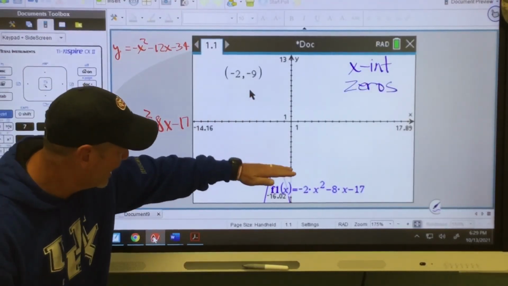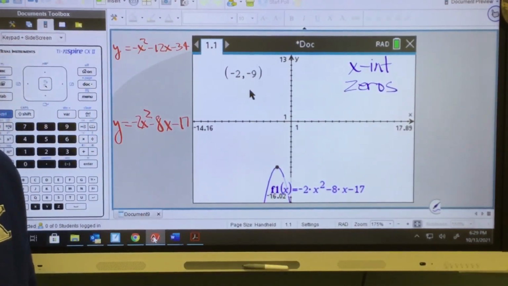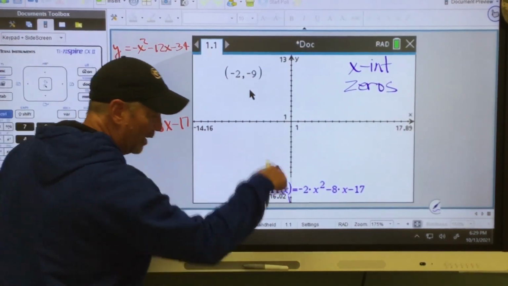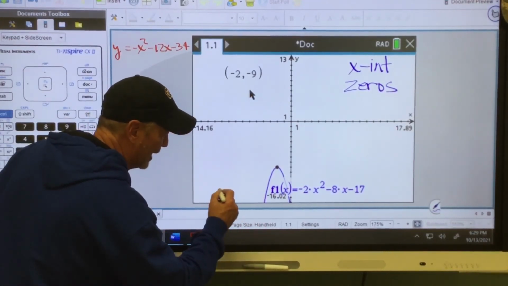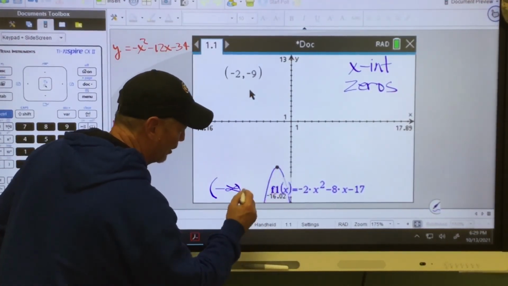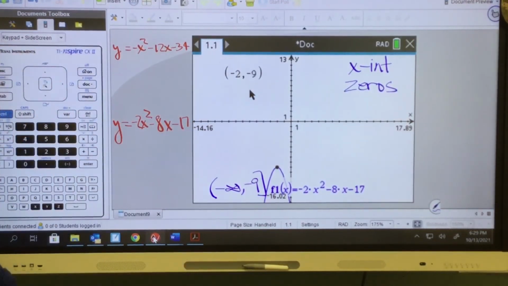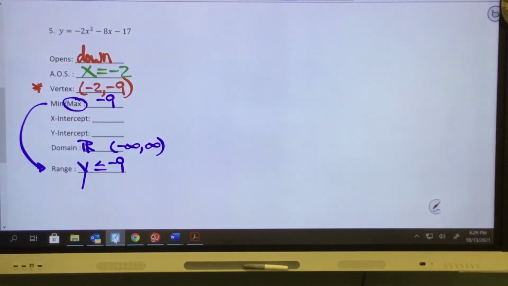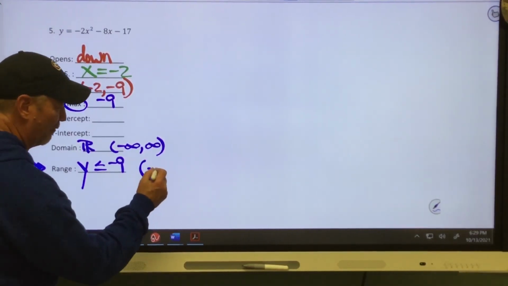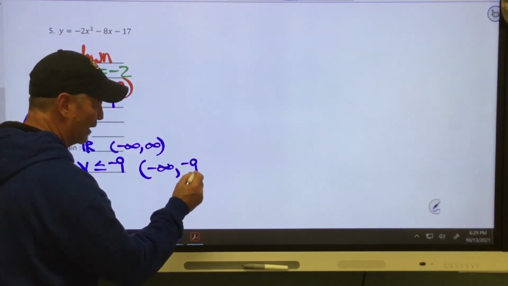I'm down here at -9. So way down here, I'm going to be at -infinity. But the high point is going to be at -9. We need to write it in interval notation. So we're going to be at -infinity, and we're going to go up to -9. That is my high point.